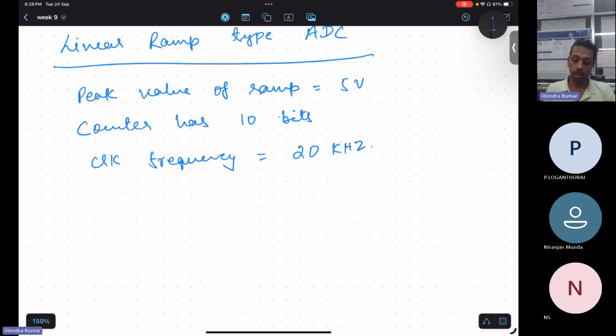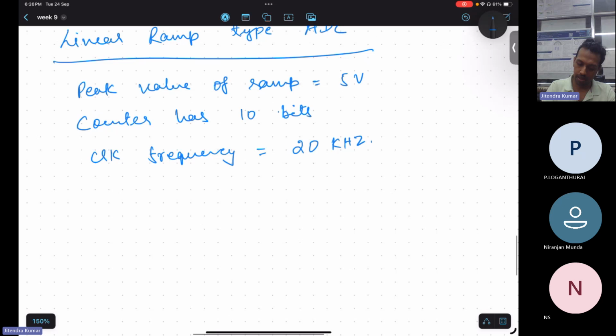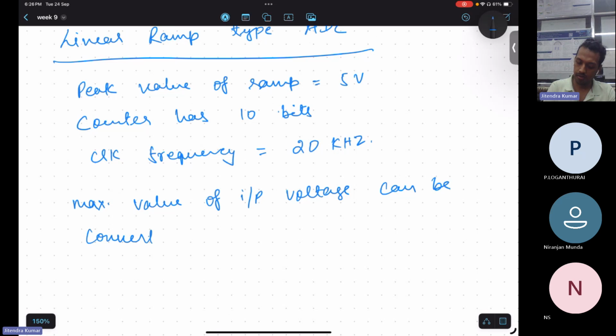Now we have to find the maximum value of input voltage that can be converted with this kind of ADC. So this is our problem statement.